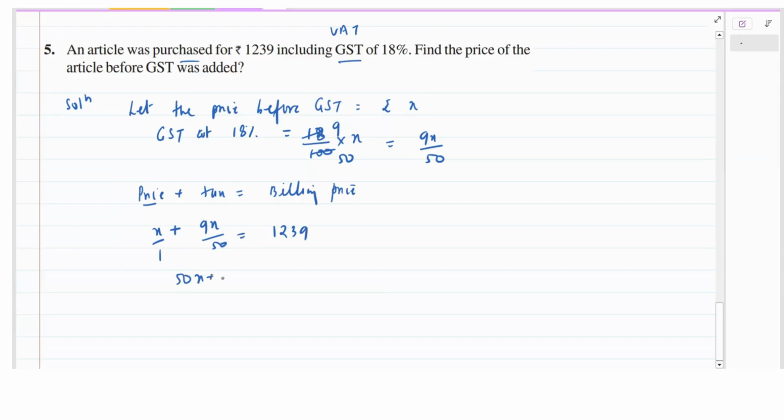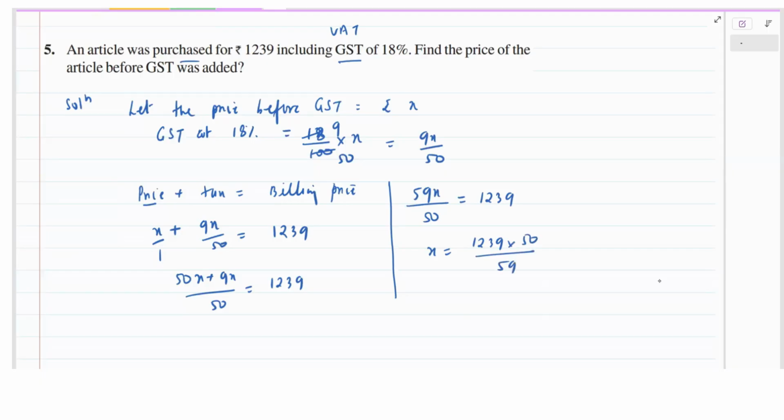So 50x plus 9x upon 50 will give you 1239. From here it is 59x upon 50 will give me 1239. So what is x? Just transfer the number as we are doing from the start, and when we calculate this value we will get something.